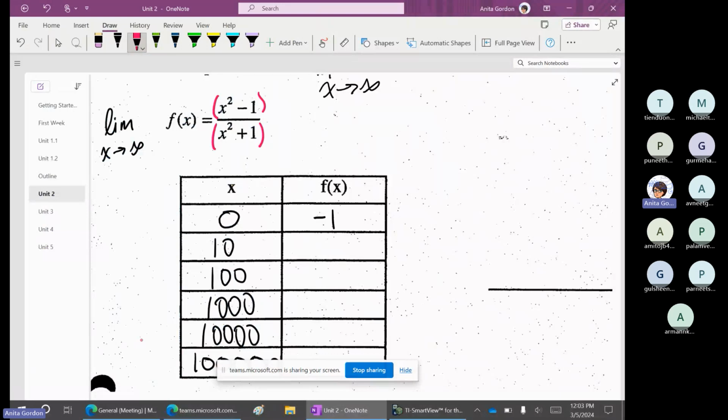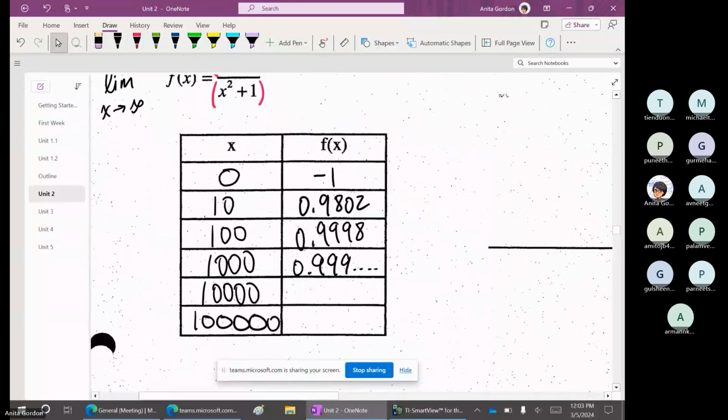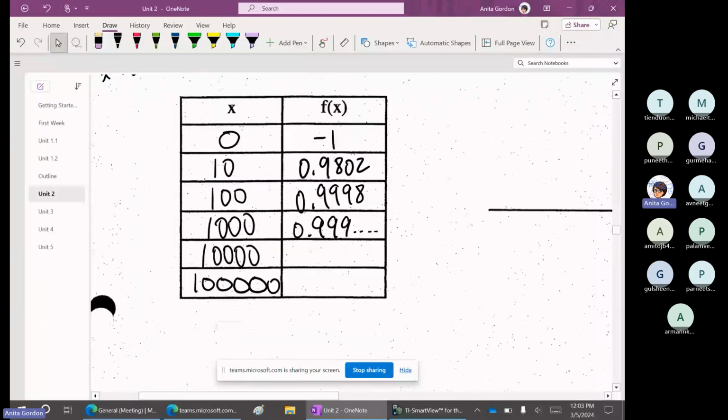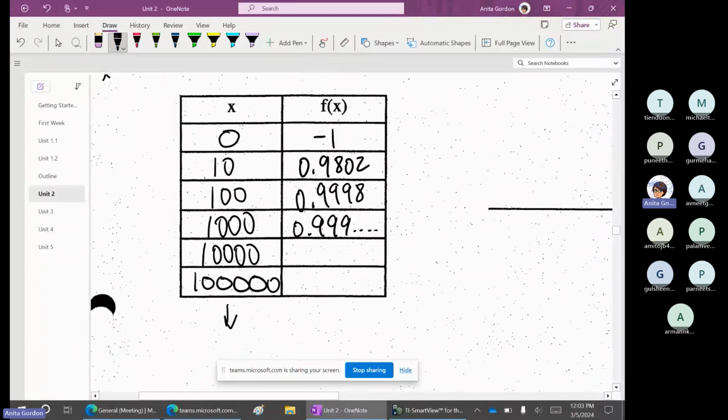But it's saying that this is going to be 0.9802, 0.9998, 0.999... Okay, do we see the trend? As we let x approach infinity, our y values end up approaching positive 1.